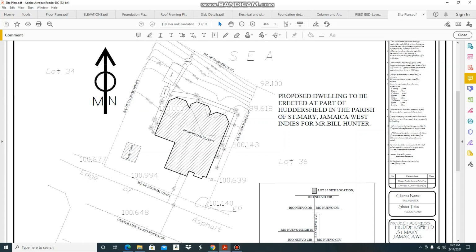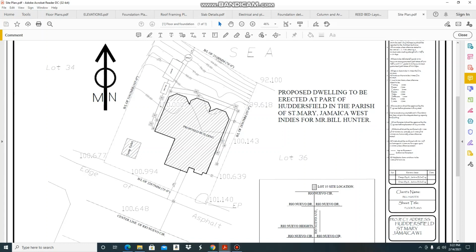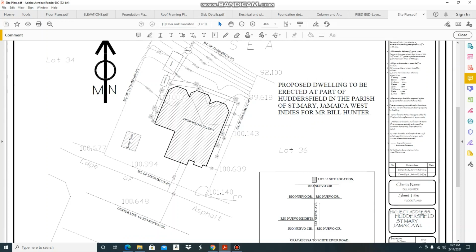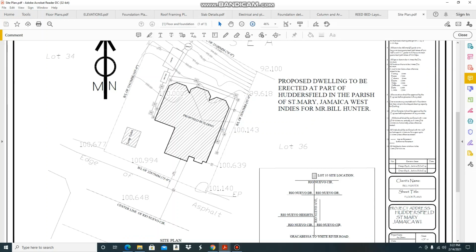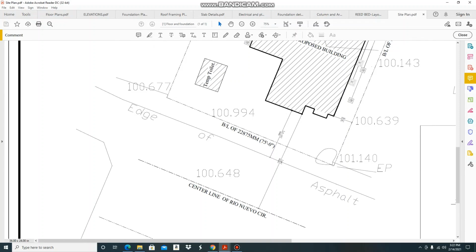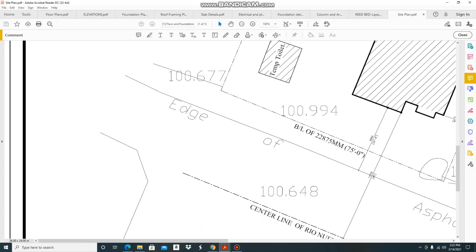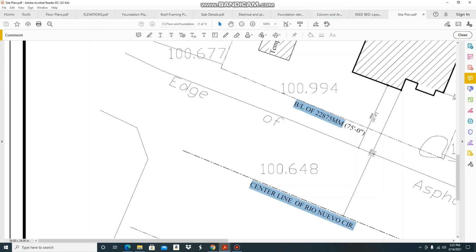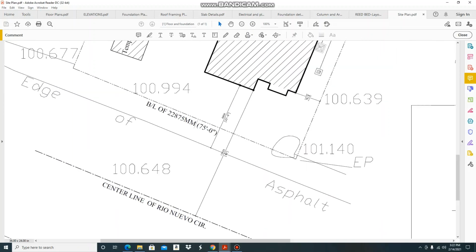So as you can see the relative setbacks, you can observe that this building is approximately 45 feet from the center line of your road.